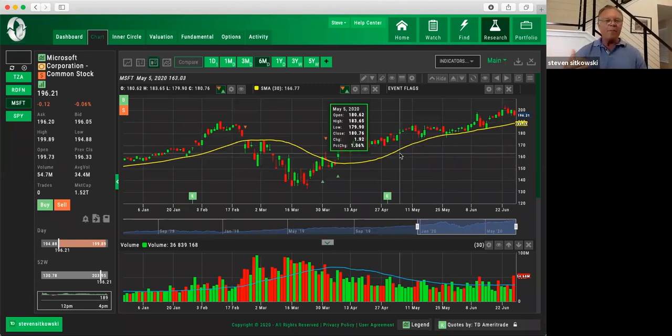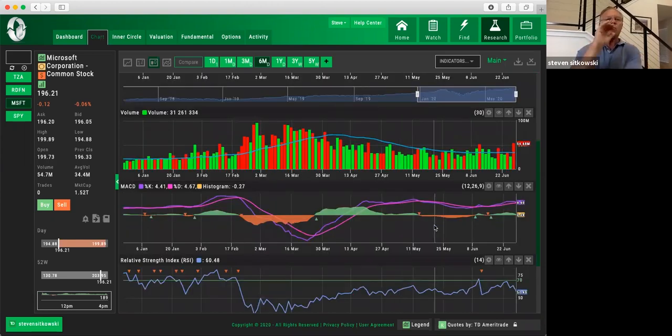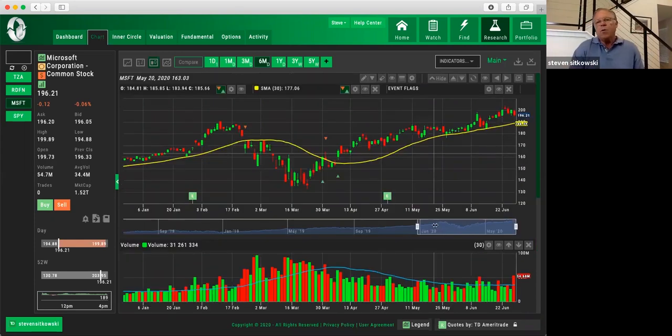If you want to get out before things get ugly, then you can get out when the MACD turns. But here's what is really, really critical. And we'll look at another stock. And that is that you follow the rules, that you're not looking at your chart going, gee, I wonder what I should do. You should be able to look at this chart and know exactly what you intend on doing.